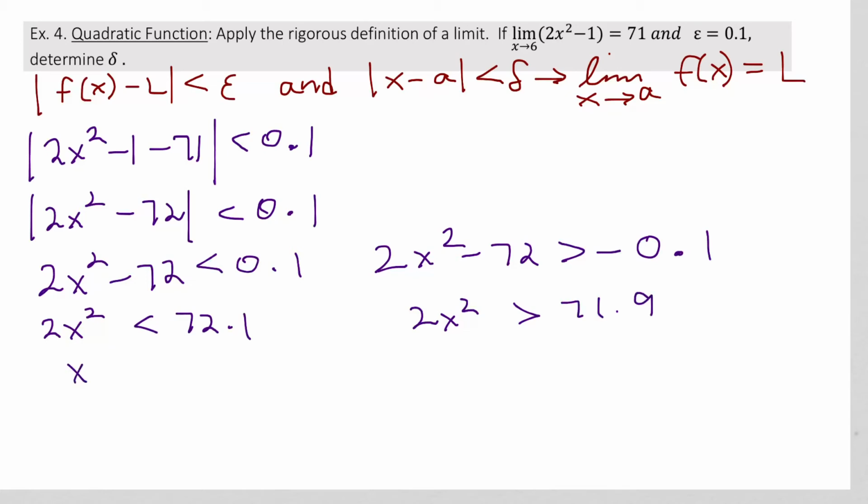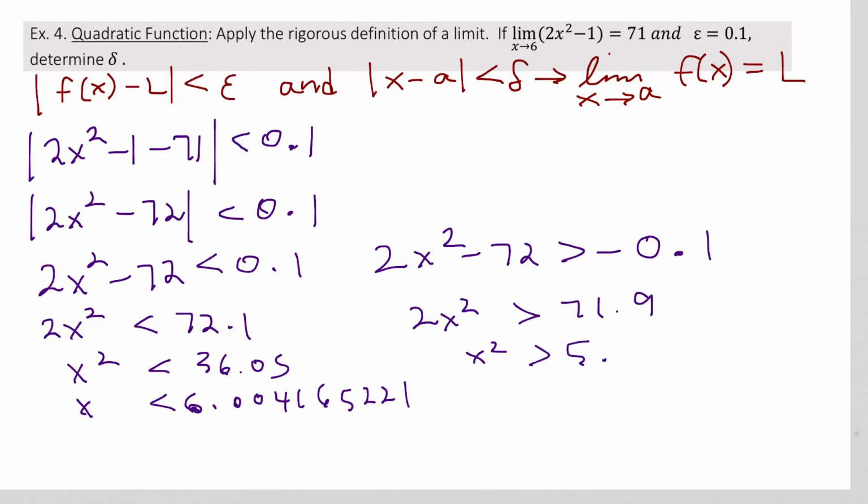So dividing by 2, taking the square root of both sides. Now we keep all these digits. Remember, when we're working with limits and approximations, do not round your numbers. Keep all your digits. So I'm dividing by 2 on this side as well, and then I'm taking the square root of that number.